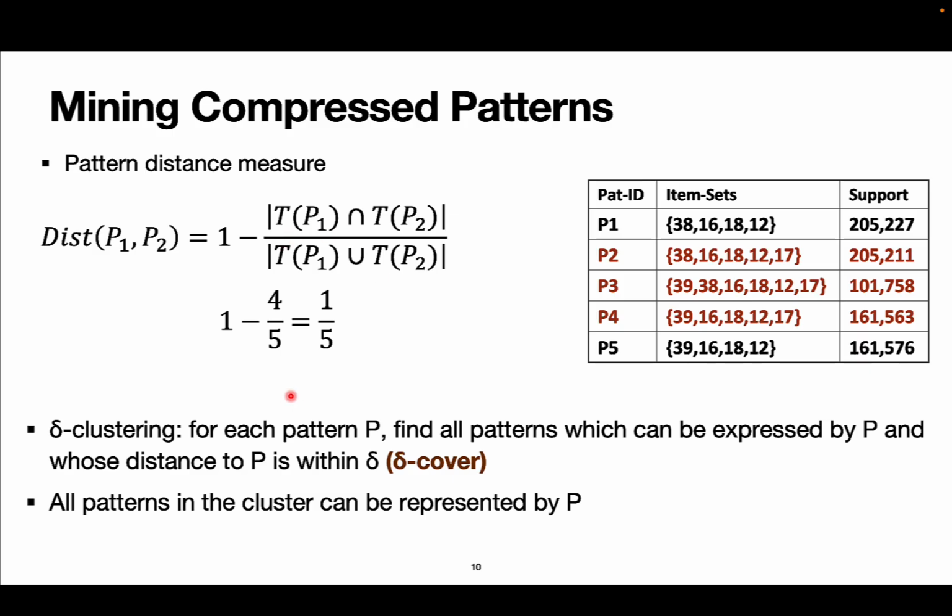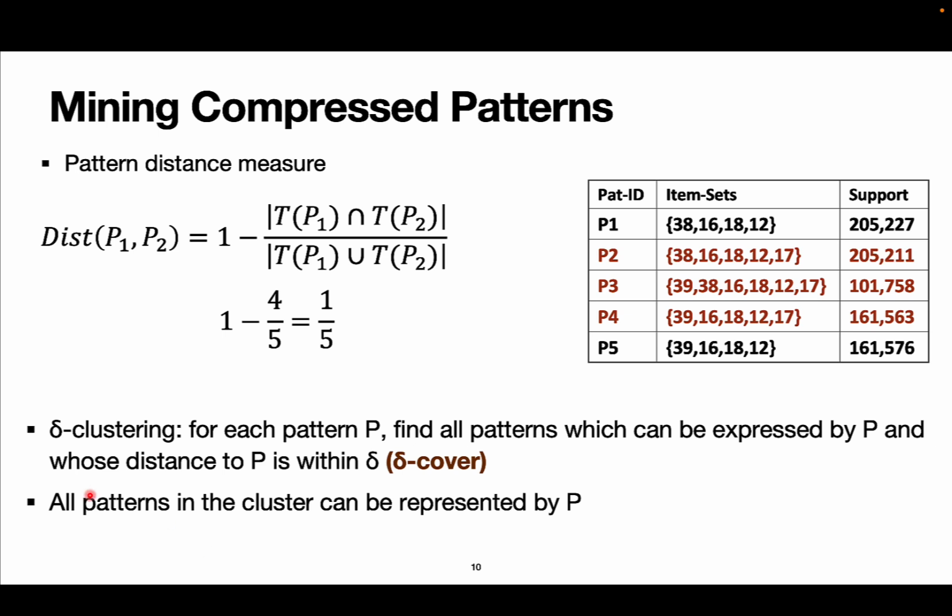In this example, the distance between P1 and P2 is 1 over 5, which is small, which means these patterns are somewhat similar. We can also use the distance in clustering patterns.